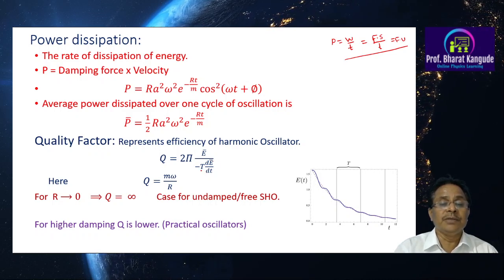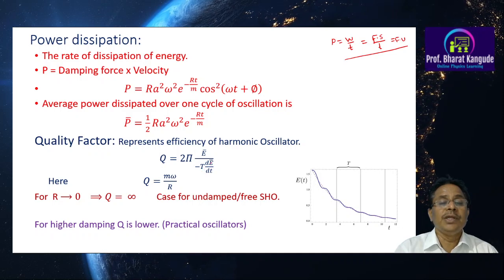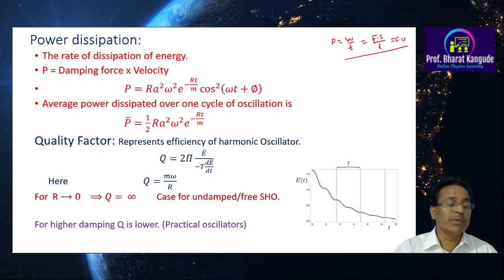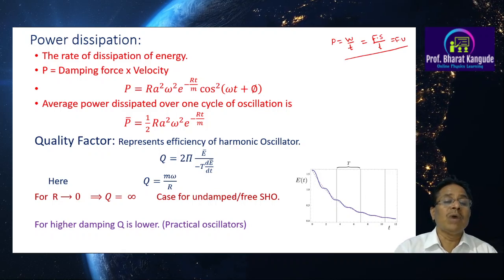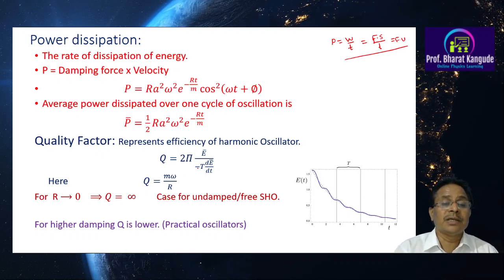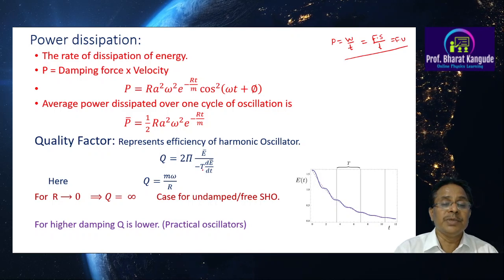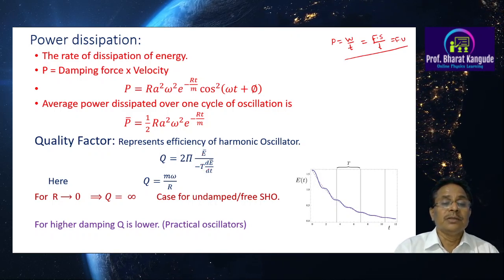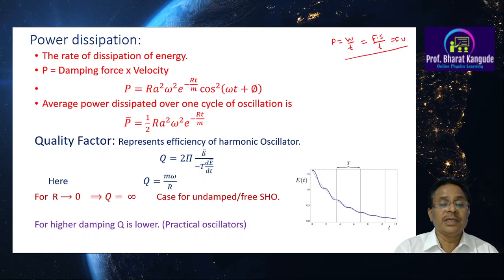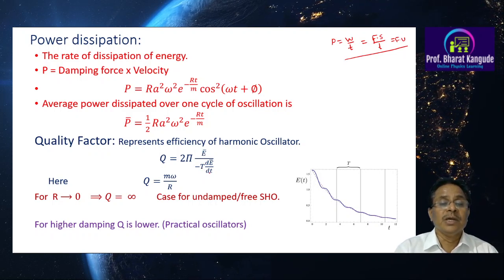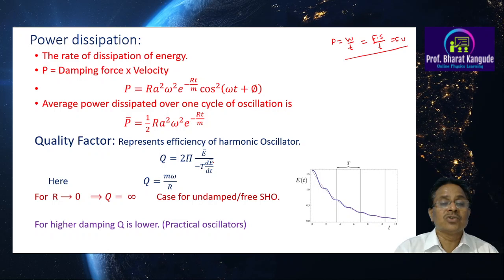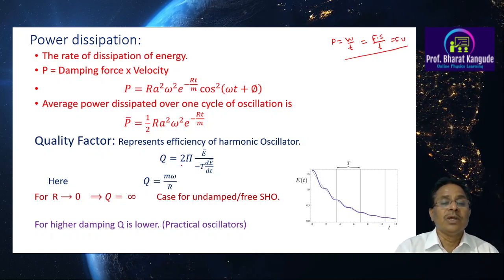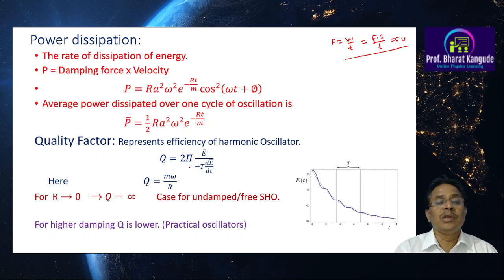So minus capital T into dE bar upon dt is the dissipation of energy by this oscillator in one oscillation, where capital T is the period required for one oscillation. The numerator is E bar, having dimensions of energy, and the denominator also has dimensions of energy, so this cancels, and therefore Q is purely a number.